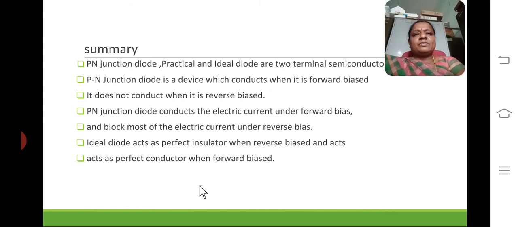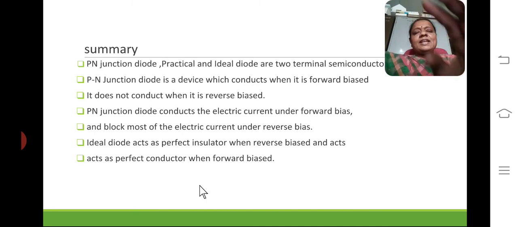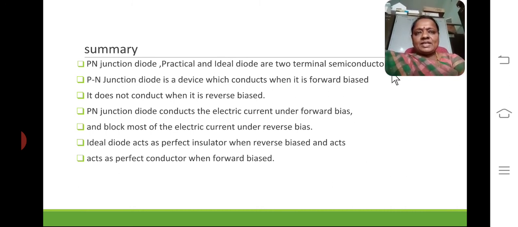Summary is nothing but what all of you know. Till now, what we have studied, let us summarize. In the first point, we have studied the PN junction practical diode, a two-terminal semiconductor device.